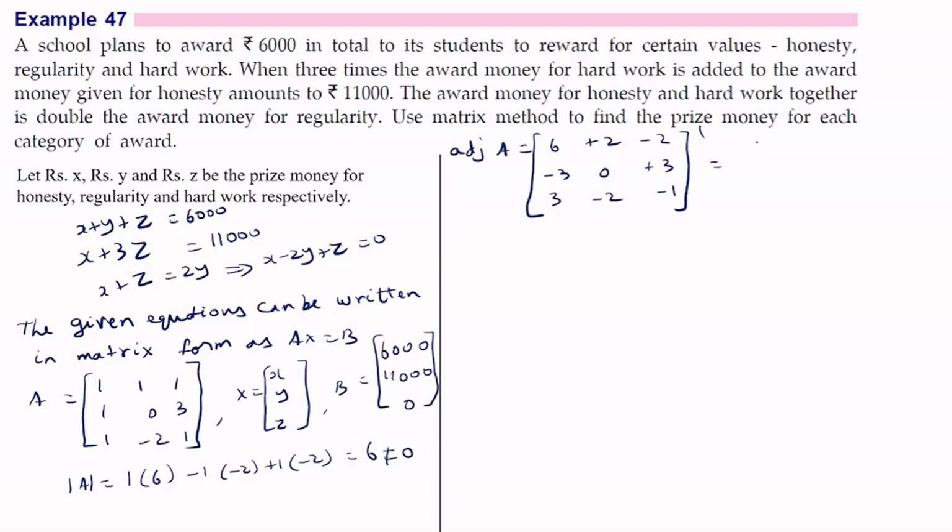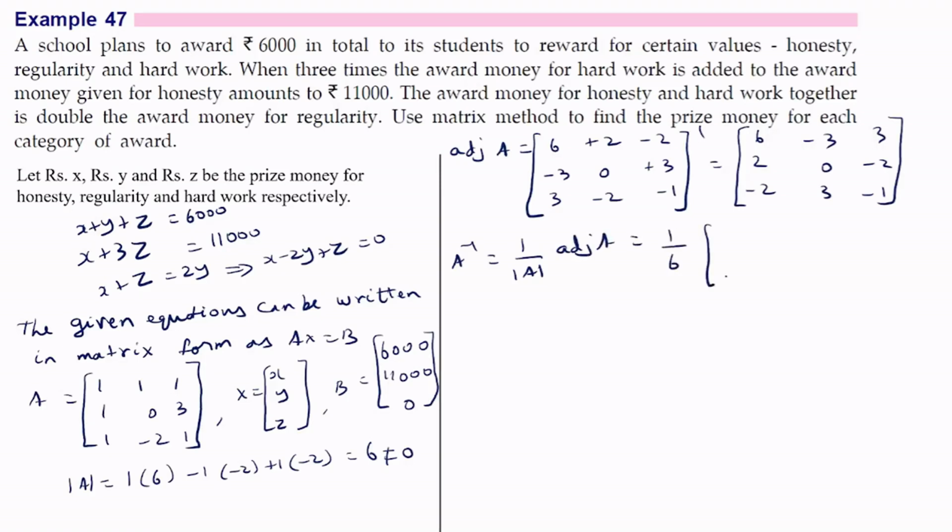If we take the transpose, the first row becomes the first column, the second row becomes the second column, and the third row becomes the third column. So we have A inverse as 1 by determinant of A into adjoint of A. So it is 1 by 6 into 6 minus 3, 3, 2, 0 minus 2, minus 2, 3, minus 1.